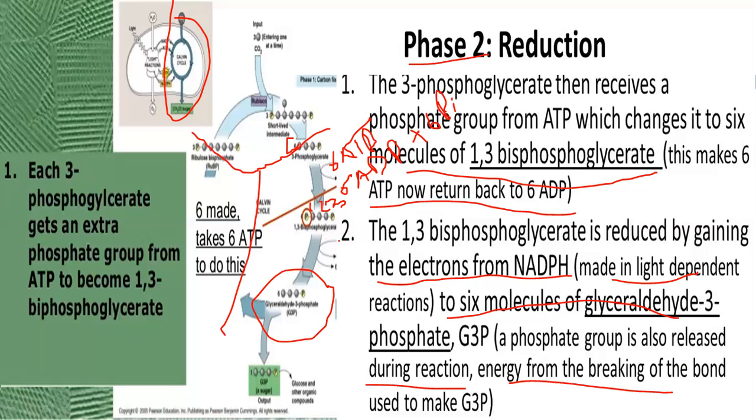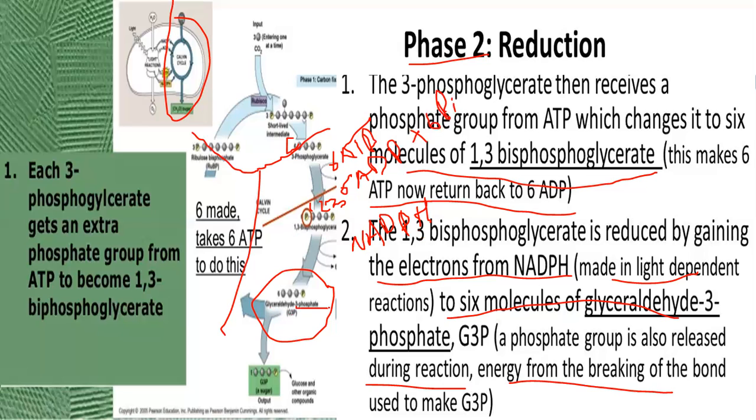So 1,3-bisphosphoglycerate, by using NADPH, the reducing power, which breaks its bonds, is reduced and changed into glyceraldehyde 3-phosphate.